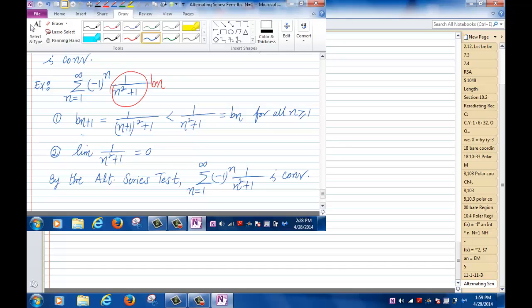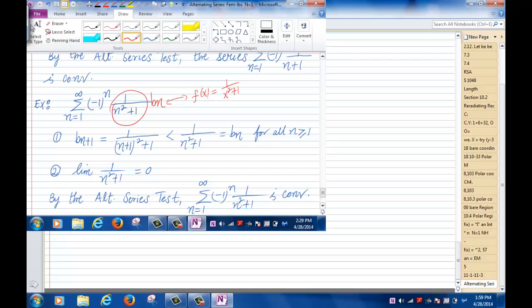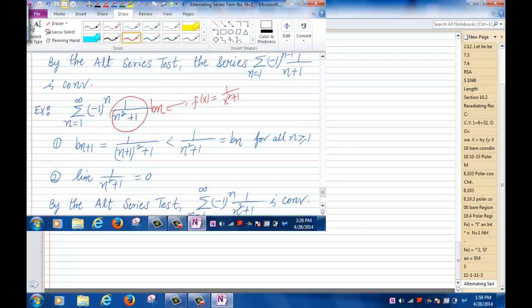If I look at Bn, I can think of a corresponding function, f of x is 1 over x squared plus 1, and then I can find out where this function is decreasing. Take the derivative, find where the derivative is negative. That's going to tell you where the function is decreasing, that is, show that f is decreasing after some point on. Am I making sense? I'm going to do an example like that in a bit. So this is not the only way of showing that the sequence is decreasing. This is a direct way of showing the sequence is decreasing.